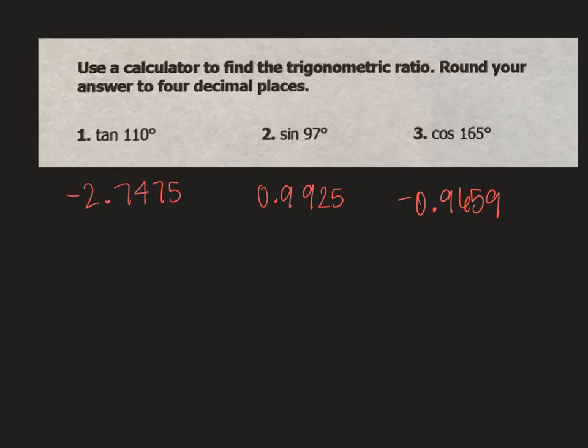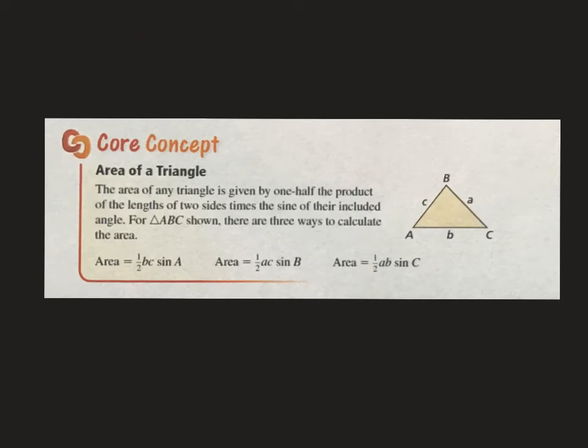The reason that we do this is because in this section, when you're using law of sines and cosines, you're going to have angles that are not between 0 and 90 degrees. You're going to have obtuse angles that you're finding sine, cosine for, and you might end up with negative answers, and that's okay.